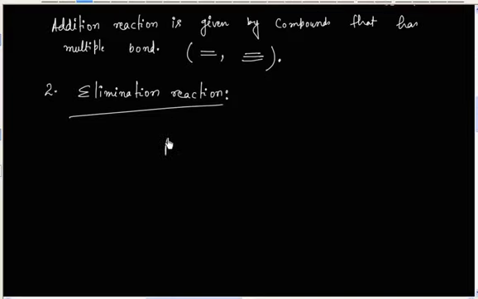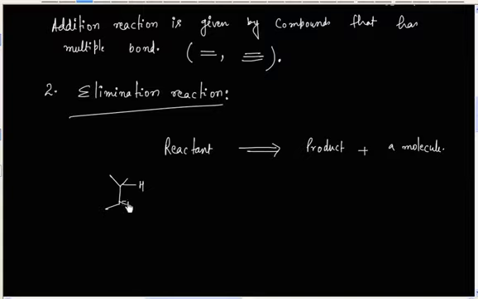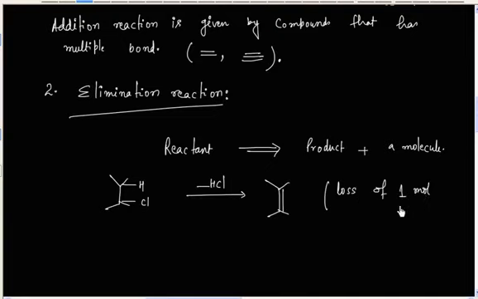So I have a reactant and finally it gives product and a molecule. For example, if I have hydrogen and chlorine here, it can lose 1 molecule of HCl to form alkene.